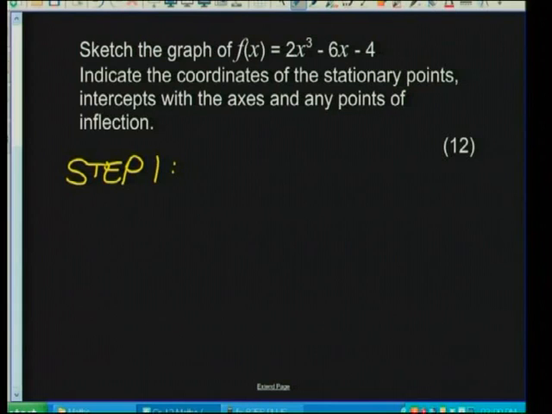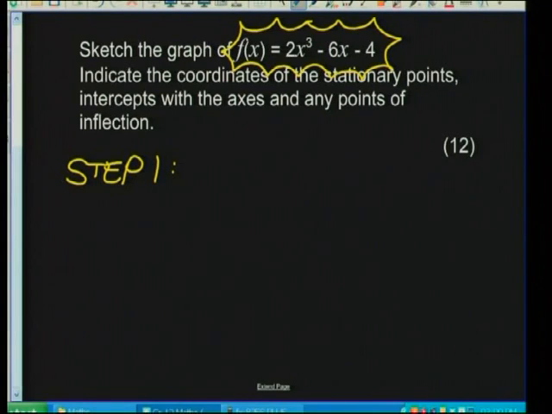Right, where do we start when we are sketching a cubic graph? We can break this down into steps, grade 12s, and by doing that, it generally makes the whole process quite a lot easier. Step 1 is to decide what shape the cubic graph is actually going to be. My equation as it's been given to me is f(x) = 2x³ − 6x − 4.